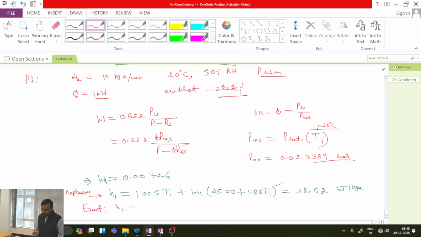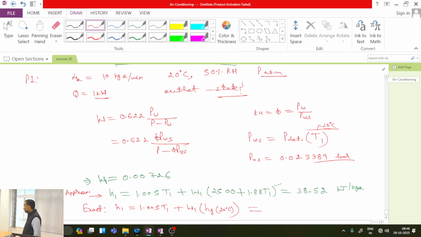The exact enthalpy will be the enthalpy of dry air, which is 1.005 into T1, dry air remains the same, plus W into the enthalpy of water vapor. How can I determine the enthalpy of water vapor? I have a temperature of 20 degrees Celsius. I will go to 20 degrees Celsius and calculate Hg at 20 degrees Celsius from the saturation table.